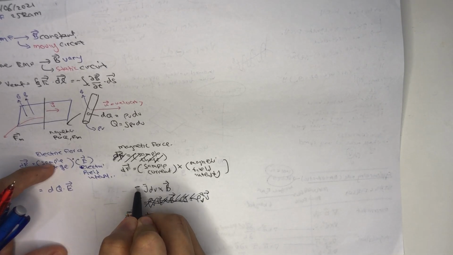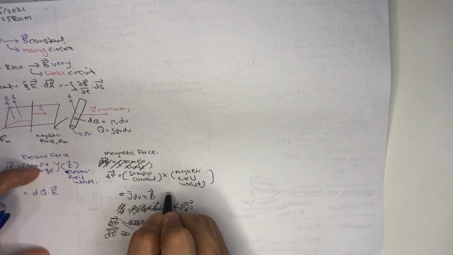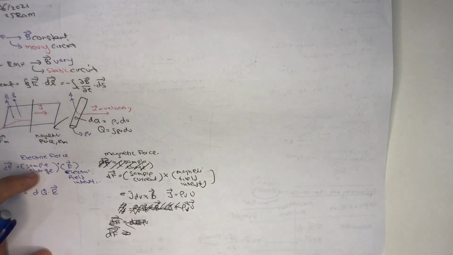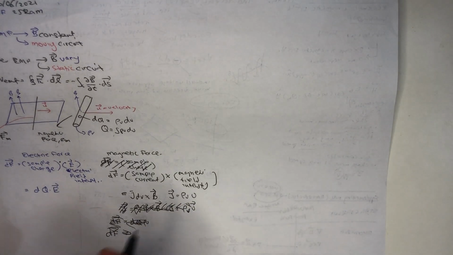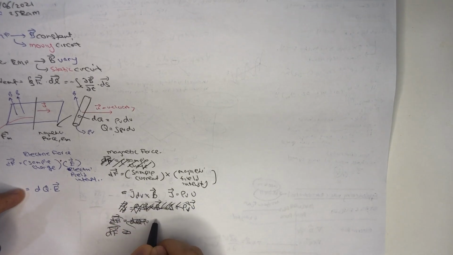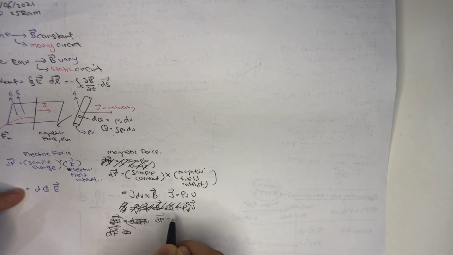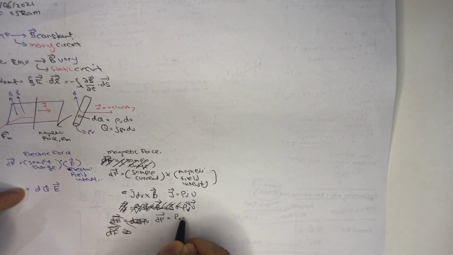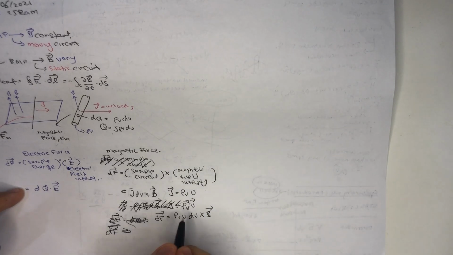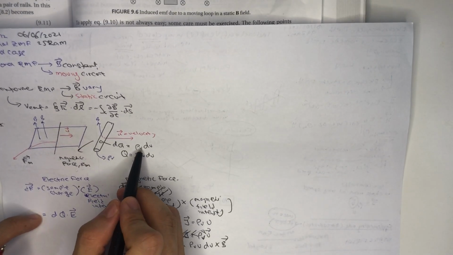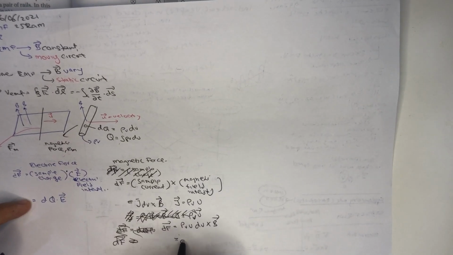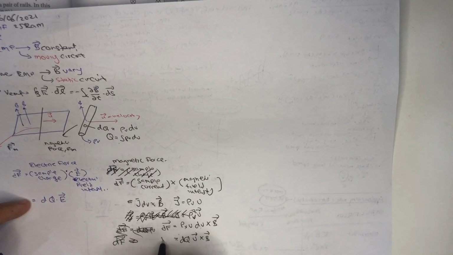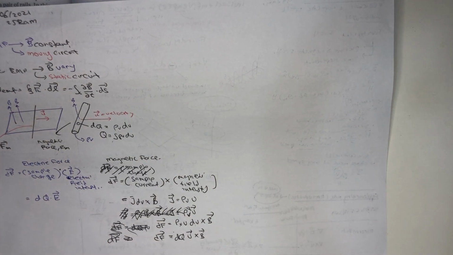So J dV, you know that J equals rho V u, then dV here, then you further dF equals J dV B. Then we rearrange, you can see dq is equal to rho V dV, so it's dq, u, B, then you obtain your dF.